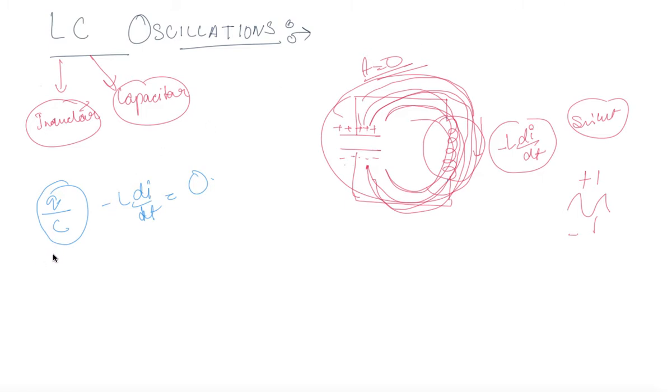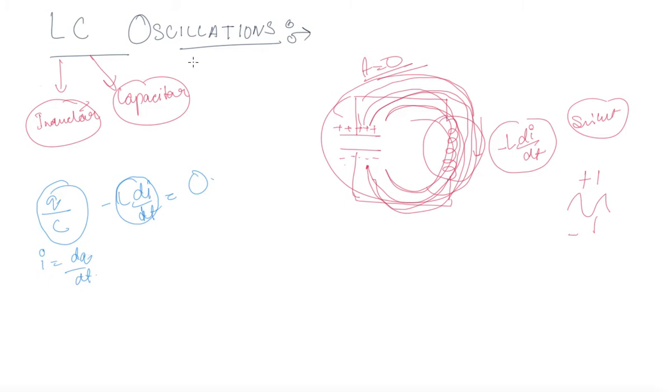Now I is equal to dq upon dt, that we know. As Q decreases, I see this is a positive current, so if Q decreases, I will also decrease.